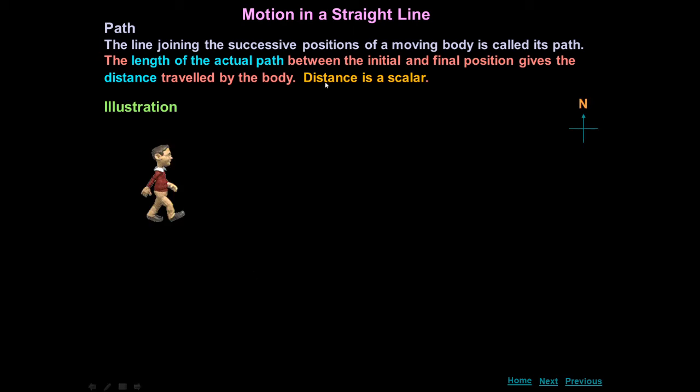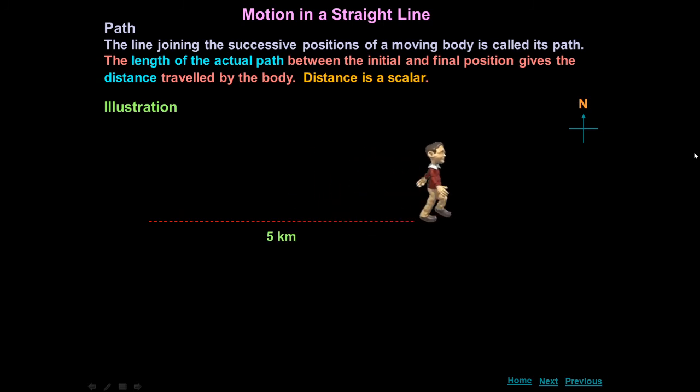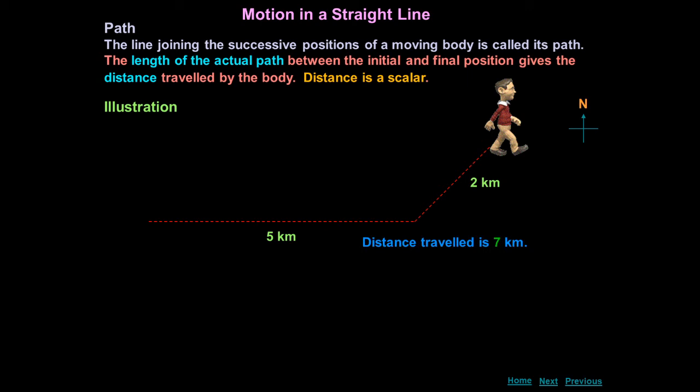Here you see direction. Generally the upward direction is taken as north, and a man is moving in such a way. Then the distance travelled by the man is 7 kilometer, not 5 kilometer or 2 kilometer.